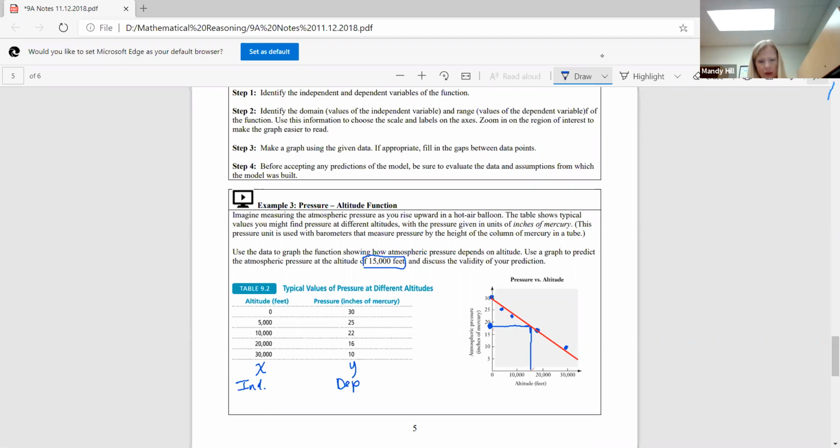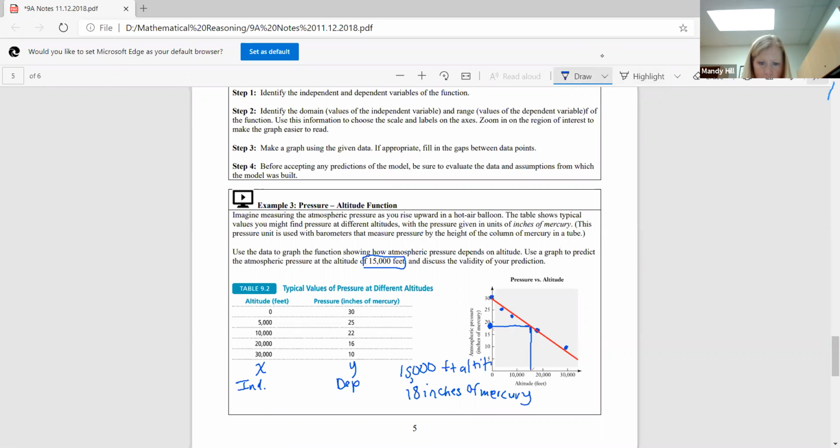I'm going to say probably around 18. Okay, and 18 atmospheric pressure in inches of mercury. So I'm going to make this prediction at 18 inches of mercury. And I'm saying that 15,000 feet in altitude is going to give me about this value. I'm using this to make this prediction.